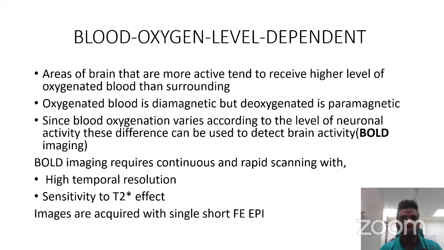Areas of the brain that are more active tend to receive higher levels of oxygenated blood than their surroundings. When we are engaged in an activity, the brain region which controls that activity gets higher levels of oxygenated blood. That is the principal reason behind it. Oxygenated blood is diamagnetic, but deoxygenated blood is paramagnetic. That's very important.